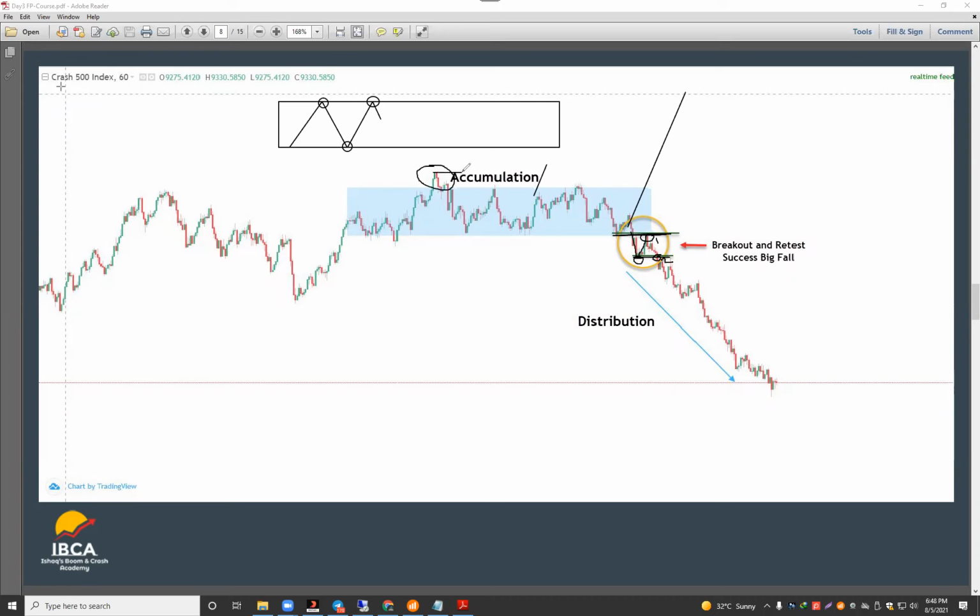Okay, come here. On this chart, which is this pattern? Can I read? Ascending triangle.